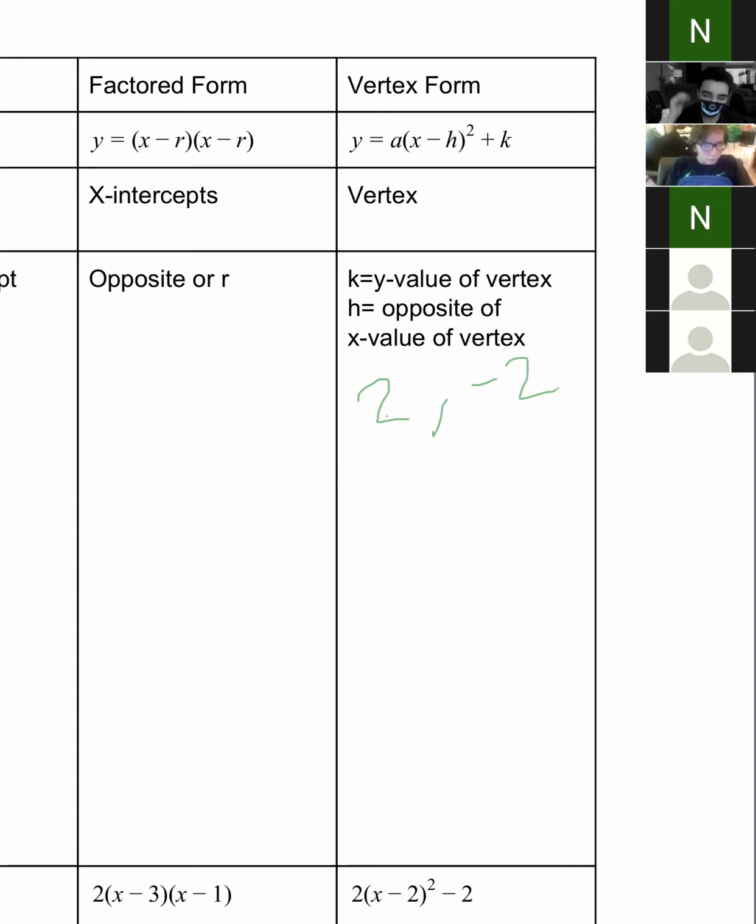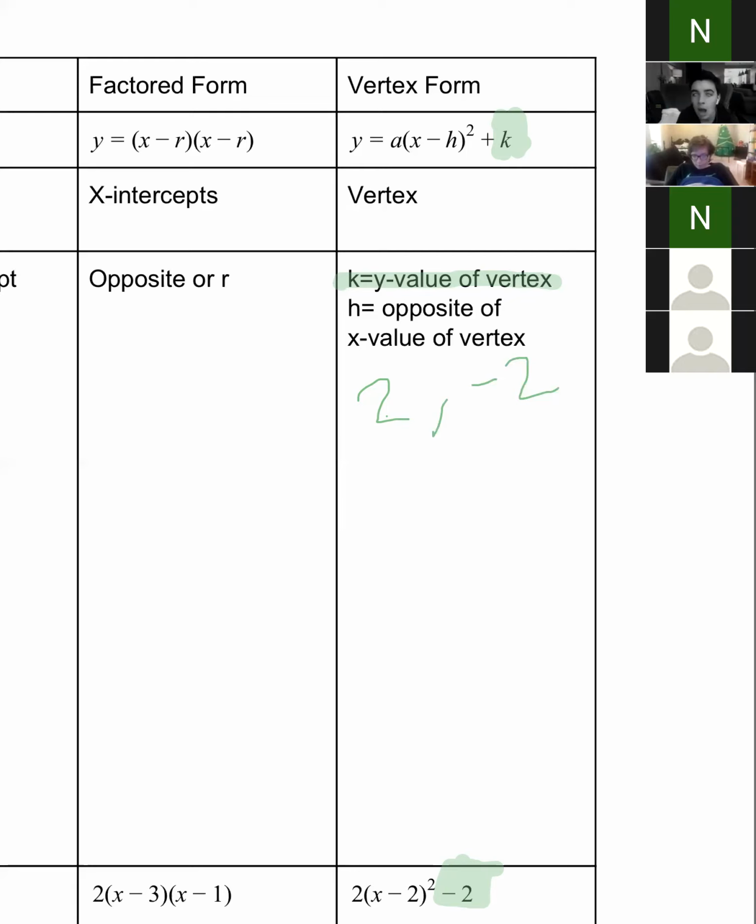Now our k value is the y value of the vertex. It's the number at the end by itself in this form, and look at the number by itself in our equation. It's -2, and that's the y value of our vertex. Now the h is the opposite of the x value.